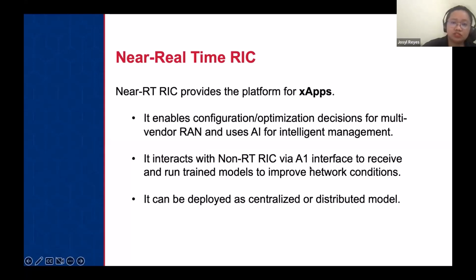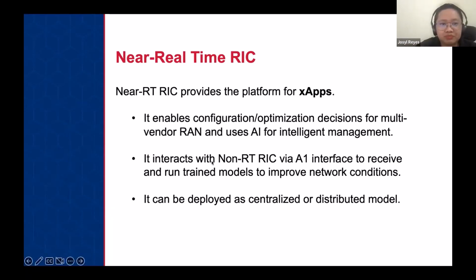So this A1 interface is the northbound interface. It is used to send and receive the trained machine learning models for deployment and for basically for operation na talaga.